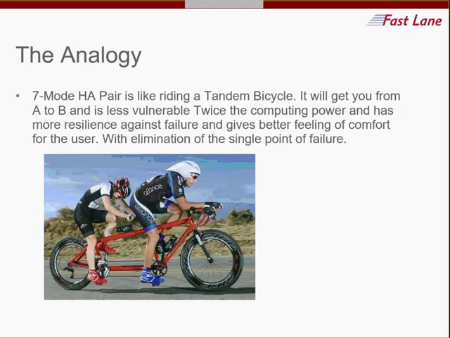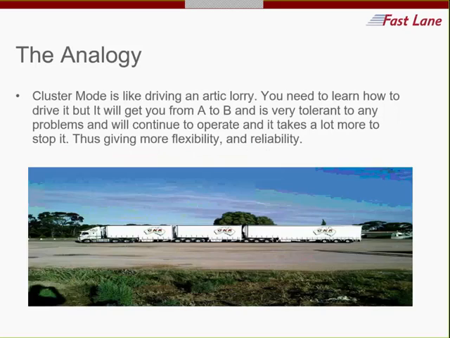But then when we move to cluster mode, we're essentially changing to driving an articulated lorry. It's going to take a bit of training to understand how to drive that lorry properly. But now, instead of being restricted to 1 wheel or 2 wheels, we've got up to 24 wheels working together. We can distribute the workload anywhere across the cluster.